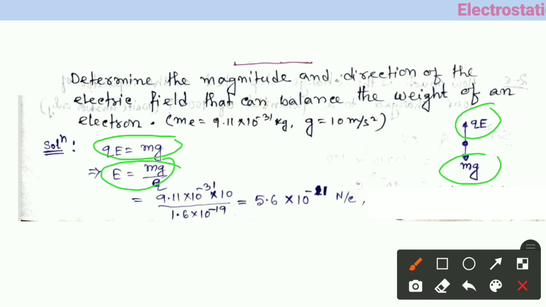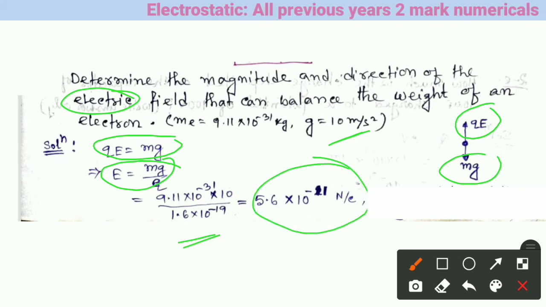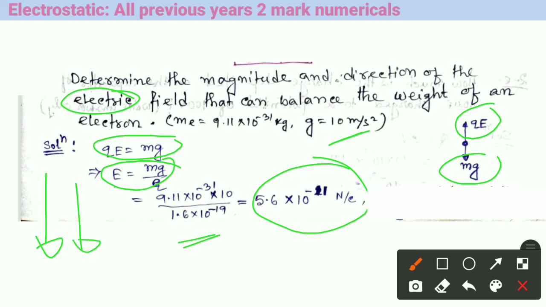Now putting the value, m g is 10, which is given in the question, and q charge is 1.6 into 10 to the power minus 19, because it is the electron, and we will get the expression 5.6 into 10 to the power minus 11 Newton per Coulomb.